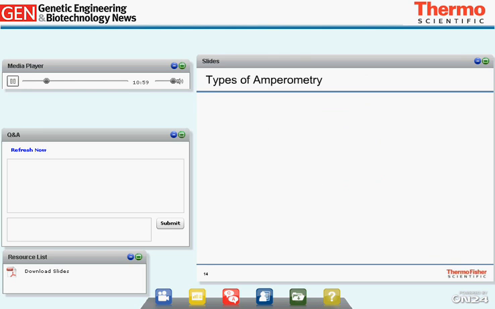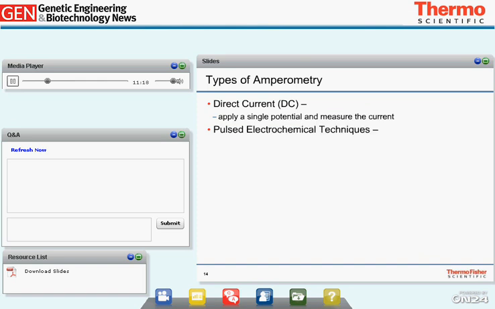There are three key modes of amperometry, or the measurement of electrode currents. These are DC, or direct current. In this mode, we apply a single potential and measure the current generated from the oxidation or reduction process. The next mode is pulsed electrochemical techniques. In pulsed mode, we apply a series of potentials to the working electrode.